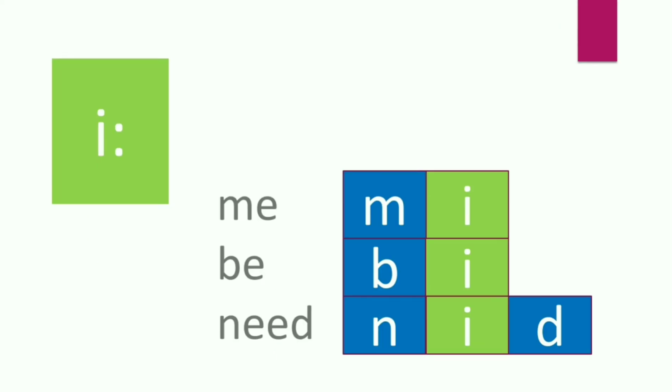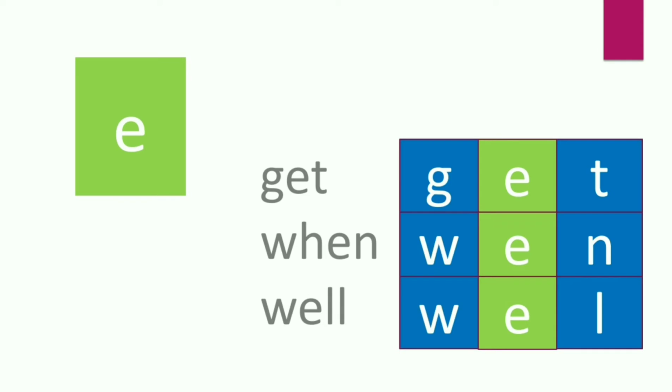Since this alphabet will be pronounced as E, I have here examples with the same sound: me, be, need. Okay, this is the second alphabet I've chosen. Since this alphabet is pronounced as E, the examples are get, when, and well.